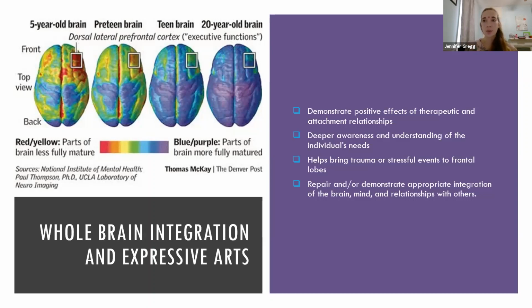And then it also allows for a sense of repairing and an ability for us to find ways to integrate the physical brain, the mind of who you are and the being of you, and then your relationship with others, bringing it all in as a whole and finding a sense of peace, finding a sense of how you can integrate all three and be content and happy about it and move forward.